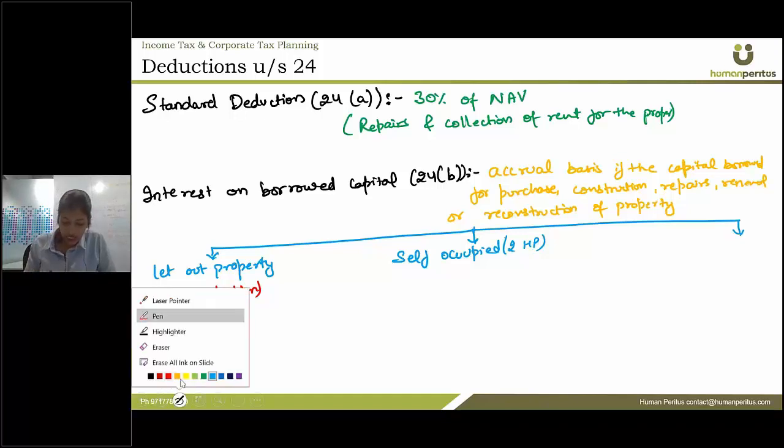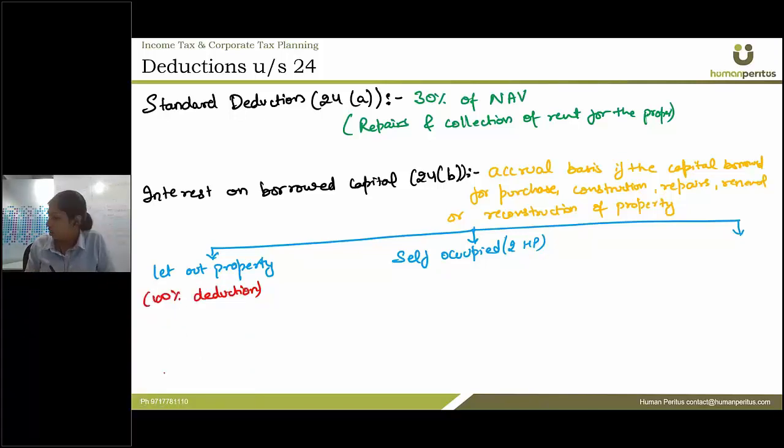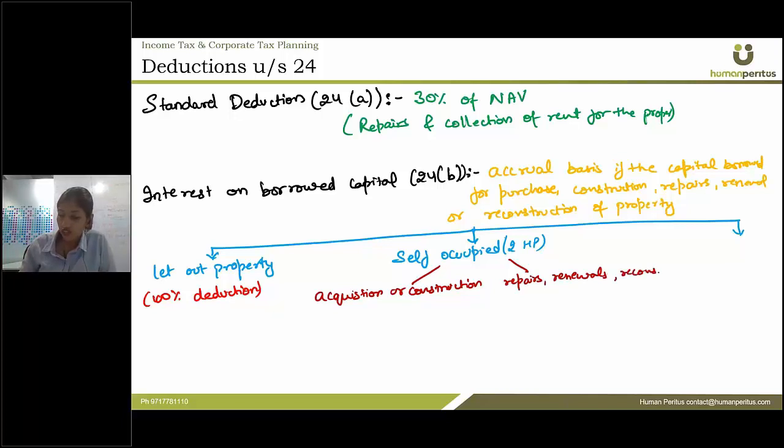And he has taken the loan, first purpose is for acquisition or construction. So for the house property that is self-occupied, we have divided the purpose of the borrowed capital into two parts, that is acquisition or construction, and second is repairs, renewals or reconstruction.